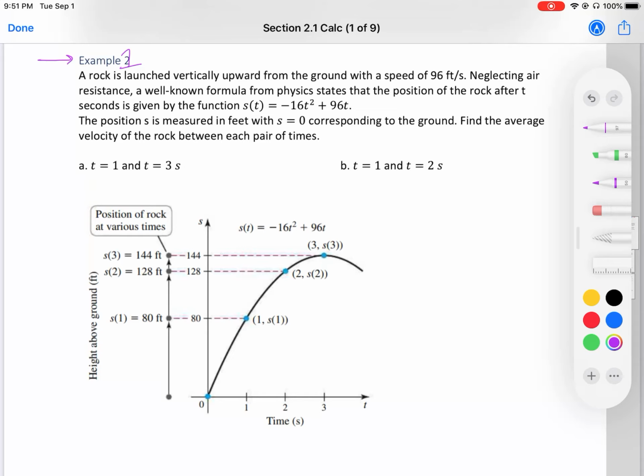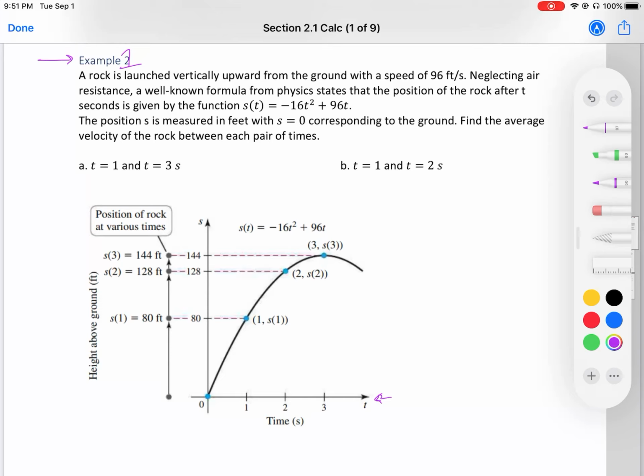Neglecting air resistance, a well-known formula from physics states that the position of the rock after t seconds is given by the function s of t equals negative 16t squared plus 96t. The position s is measured in feet, so that would be your x-axis, with s equaling 0 corresponding to the ground. Find the average velocity of the rock between each pair of times.